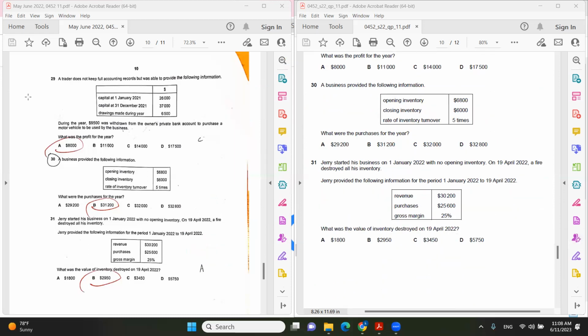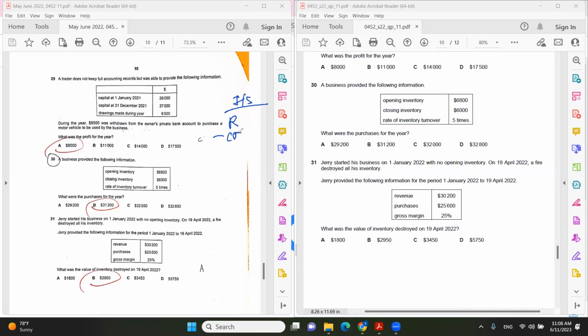Okay, question 31. Jerry started his business on 1st Jan with no opening inventory. On 19 April, a fire destroyed all his inventory. Jerry provided the following information for the year. Revenue, purchases. Okay, we use a simple income statement.